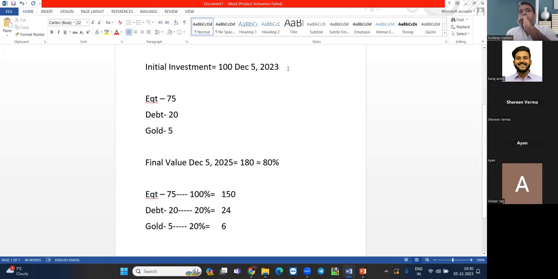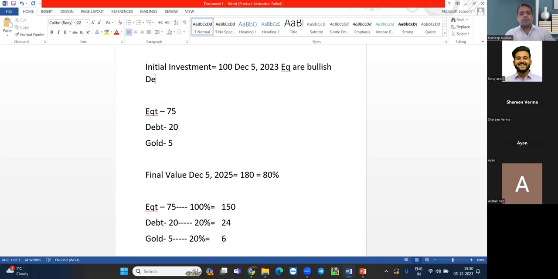Now the thing is that when my equity has come up at 100%, when I was investing at this particular moment, my view was that equity markets are bullish and debt is stable. Now my view could be that the equity markets can remain bullish. My view doesn't change. This is the first scenario, that my view doesn't change.